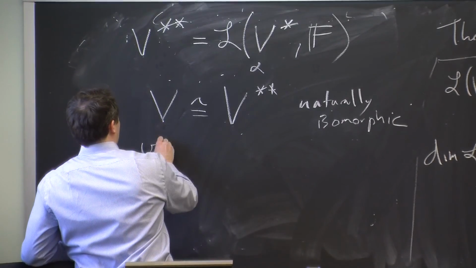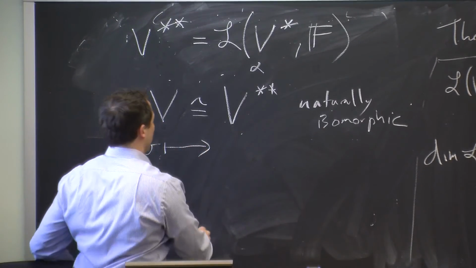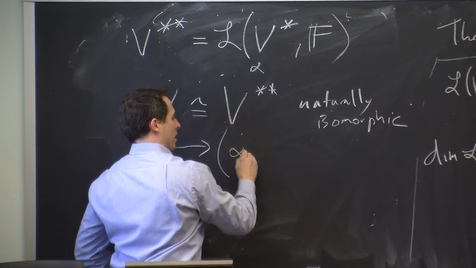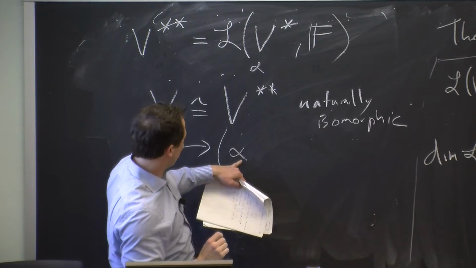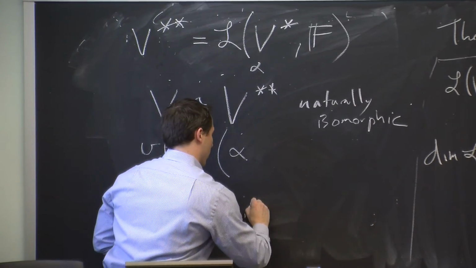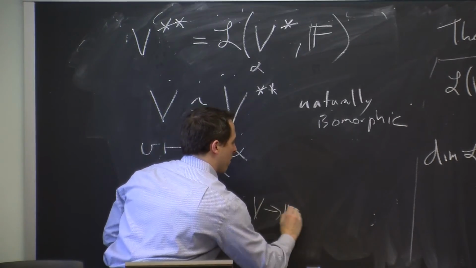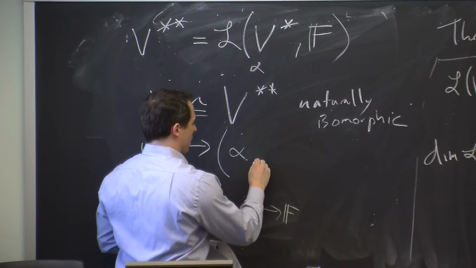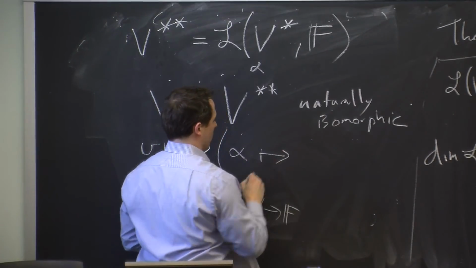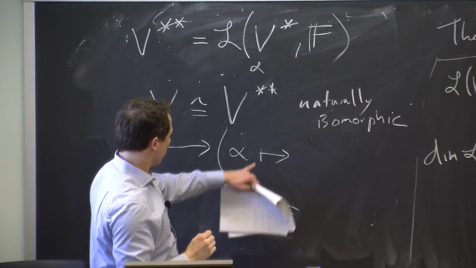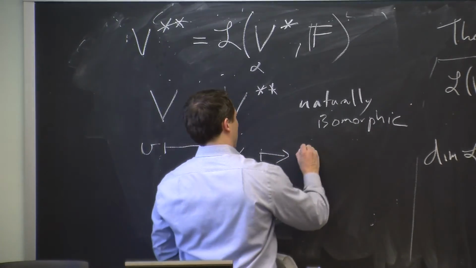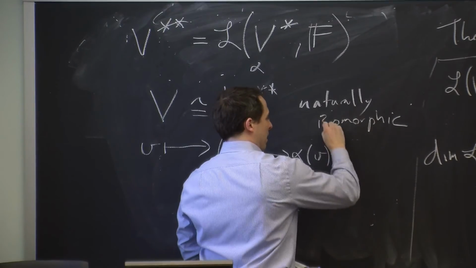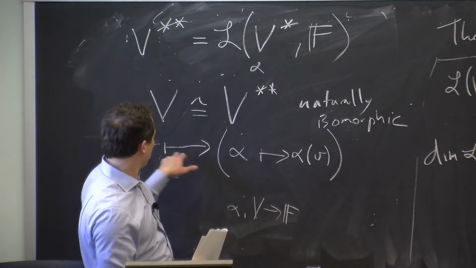So we want to take an arbitrary vector v here and send it to something which eats an alpha, a function where alpha goes from V to the field, and spits out a field element. And the only one that I can choose without making any further decisions is just to plug in v.